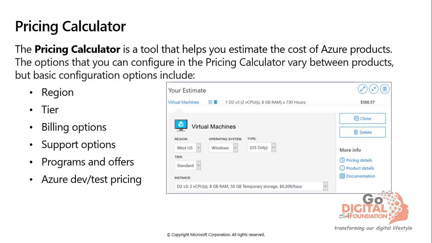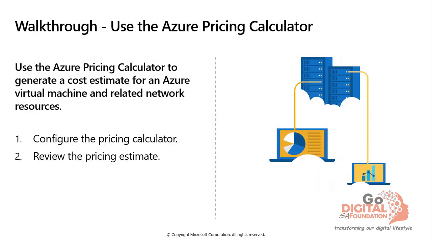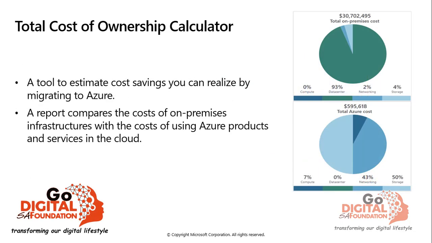The options that you can configure vary between products, but basic configuration options include the region that you want to place your resource in, the tier that you want to use, whether it's basic, standard, or premium, the billing options, the support options you need for your resource, and the programs and offers that you want to include. There's also Azure Dev/Test pricing. There's also a walkthrough on this one, but we're not going to dwell on it much.